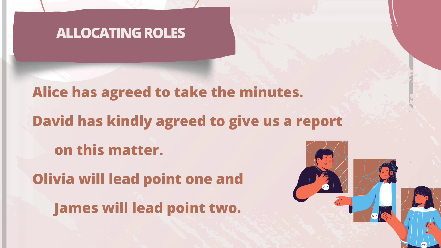For example, Alice has agreed to take the minutes. Next example, David has kindly agreed to give us a report on this matter. Or the third example, Olivia will lead point 1 and James will lead point 2. So it is clear who does what.